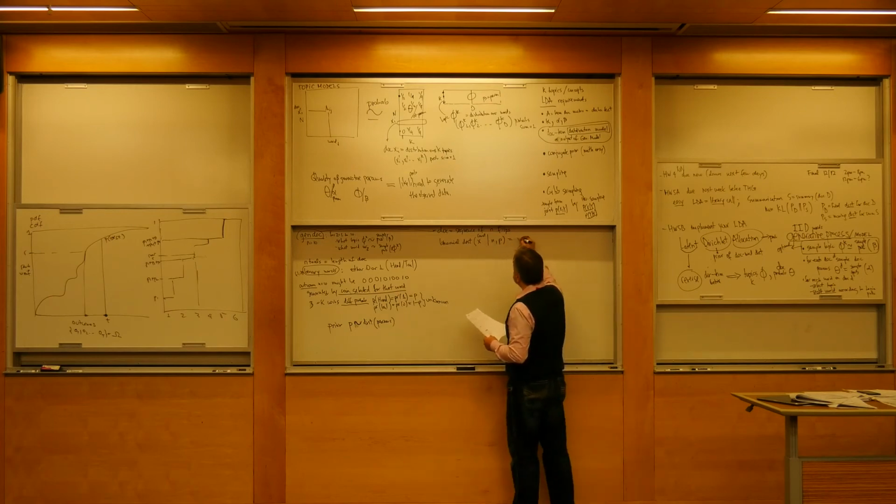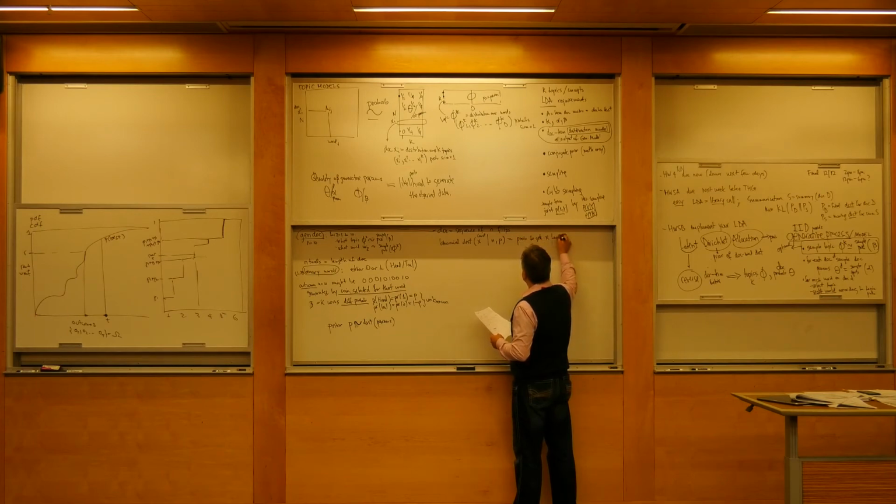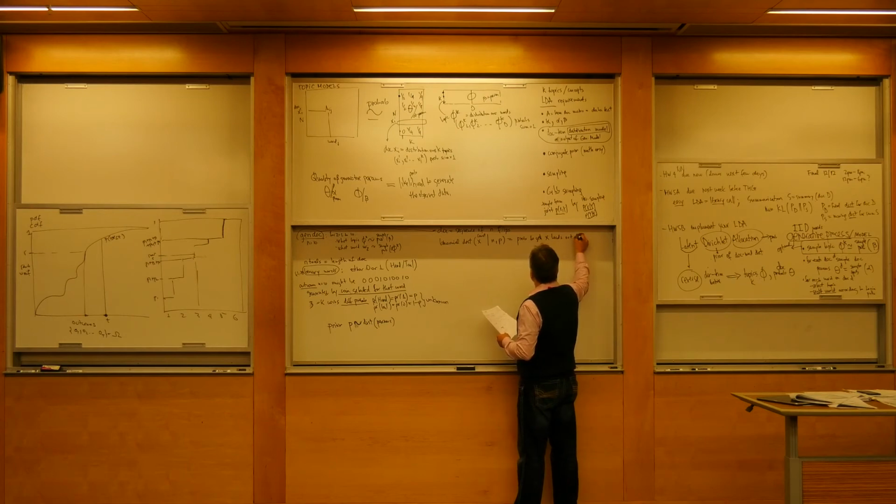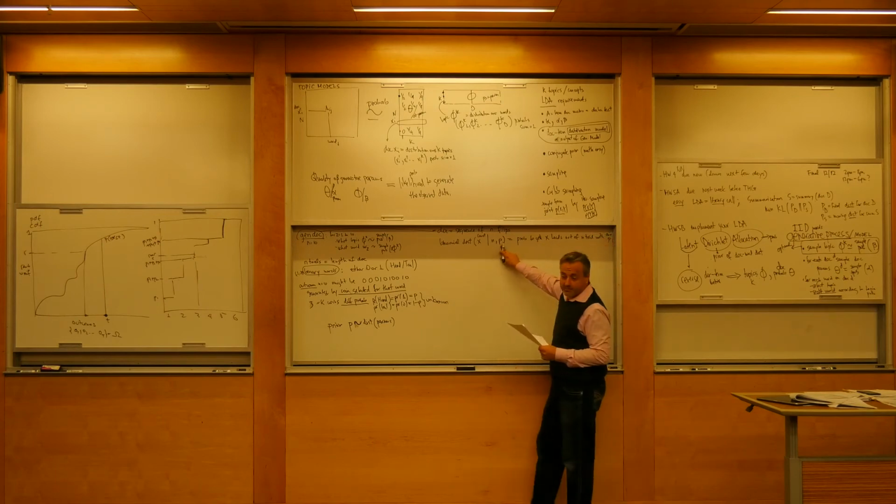In English, it is the probability to get x heads out of n trials with coin P. By P I mean P is the probability of heads.